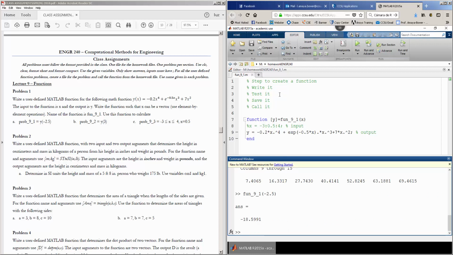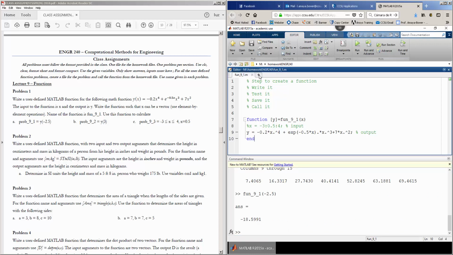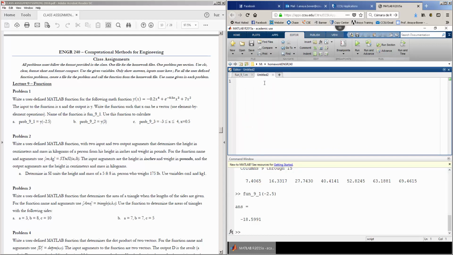Now, how do I want it in your homework? In your homework, you should have a file. So we create another one for your homework assignments. We set it up in the same way. So this is gonna be problem 1. And in this one you have 3 inputs. So you set x is equal to negative 2.5.